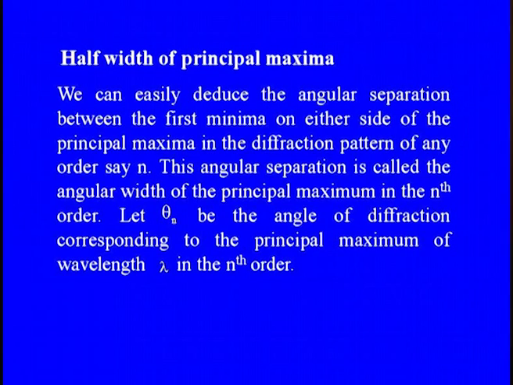Now, we can easily deduce the angular separation between the first minima on either side of the principal maxima in the diffraction pattern of any order, say n. This angular separation is called the angular width of the principal maxima in the nth order. Let theta n be the angle of diffraction corresponding to the principal maxima of wavelength lambda in the nth order.